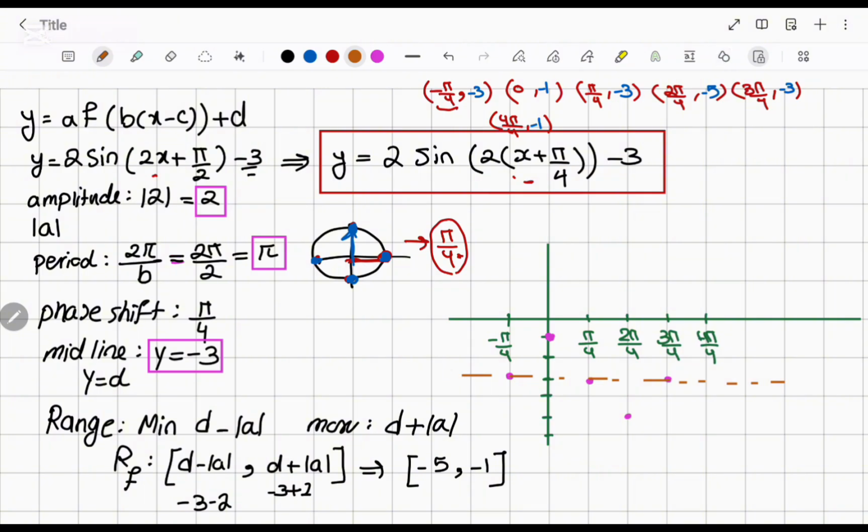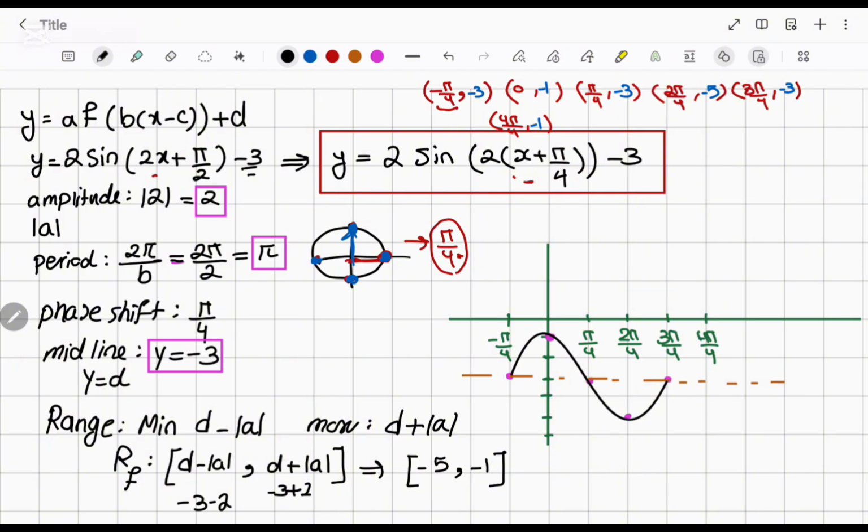Okay, so the graph is going to look like this. One cycle of the graph is going to look, that looks a little bit odd, but let's do it again. So one cycle of the graph is going to look like this.